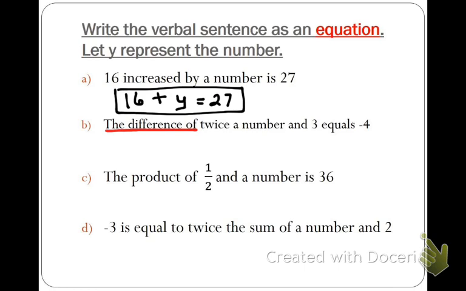Keep going for me, Kayla. I'm going to put parentheses right there where the difference of is. Now, when I have the difference of, is that adding or is that subtracting? Subtracting. So let's put a little minus sign right in the middle of that, okay? So let's keep reading it on. The difference of twice a number and 3. How do you think I should write twice a number?